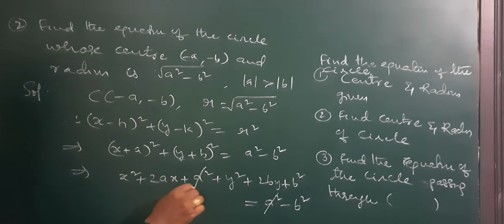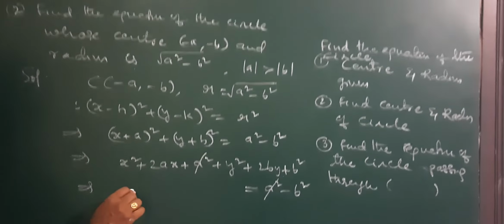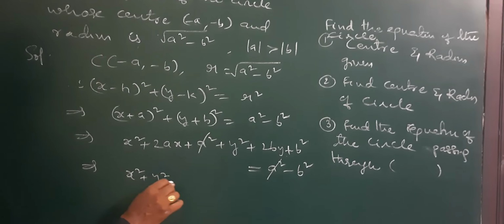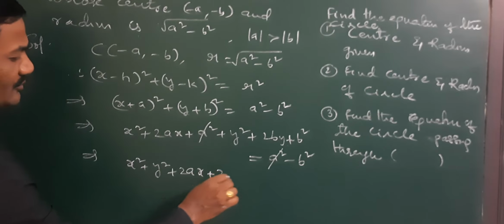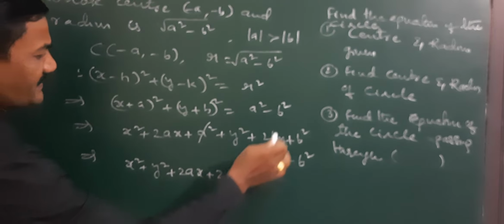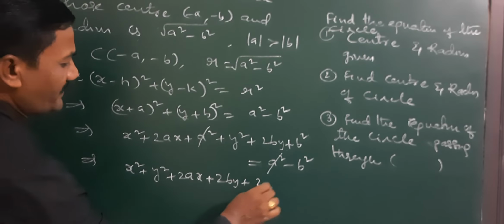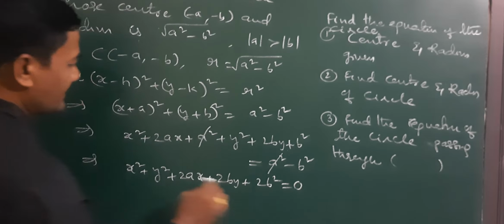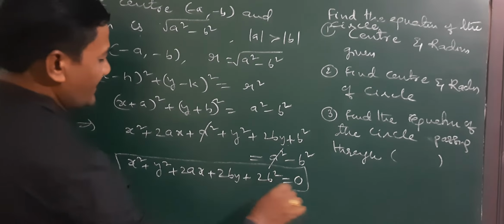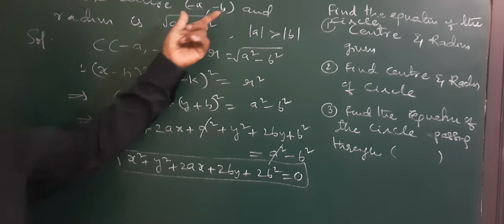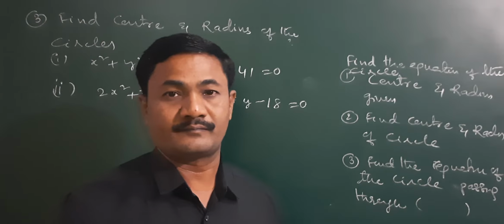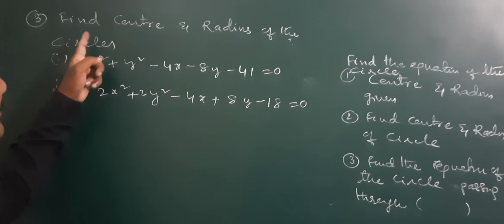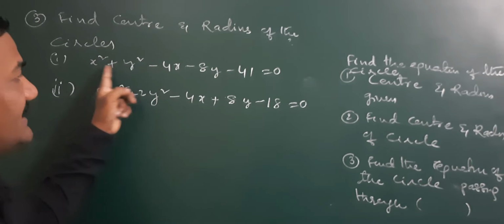The a square cancels, so we get x square plus y square plus 2ax plus 2by plus 2b square is equal to 0. This is the required equation of the circle.